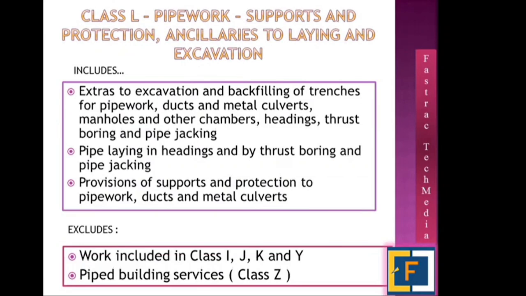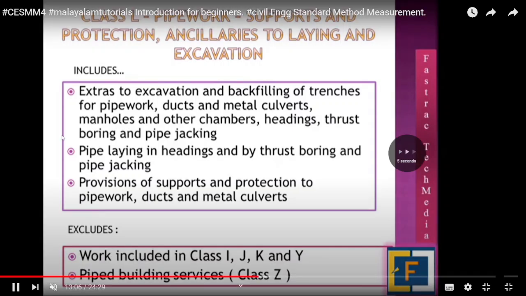So, whenever you are checking one class, for the other classes, you should check the excluding. What is excluding? So, you have to go back to those classes. And we are giving a CESMM book for everyone who attends our workshops.